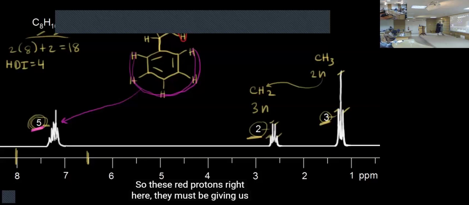That is why it appears as a multiplet, but the integration is there. So 5 protons, you know there are 5 protons. And if you do not place these 5 protons here, where would you place them? There is no other place. Okay, you have 5 aromatic protons that are a multiplet.